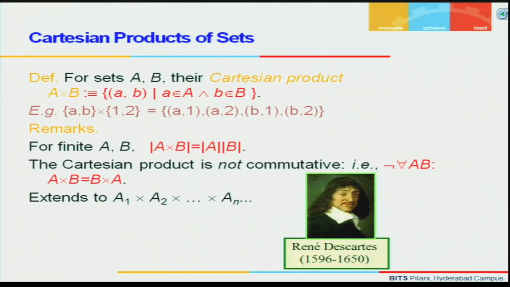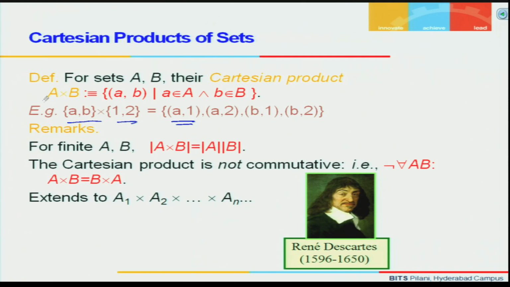And given two sets, you can define a Cartesian product. If you have two sets like A, B and 1, 2, the Cartesian product is basically defined as: take one element from here, another element from there, and then the resultant tuple is going to be in the Cartesian product.